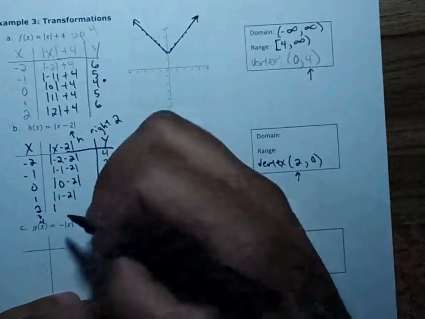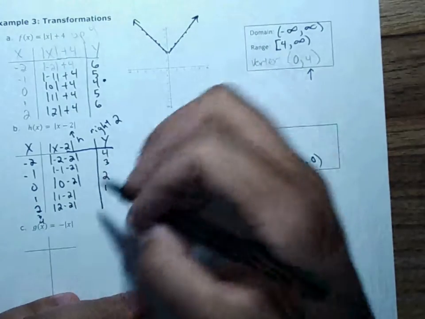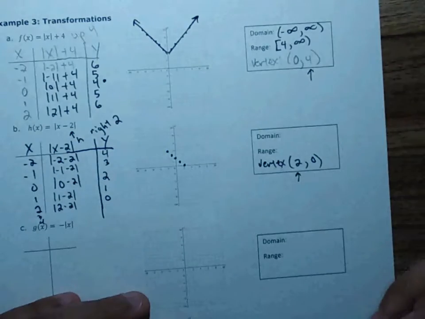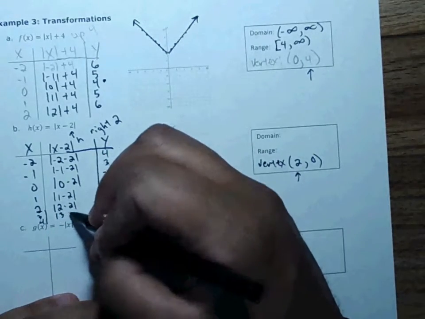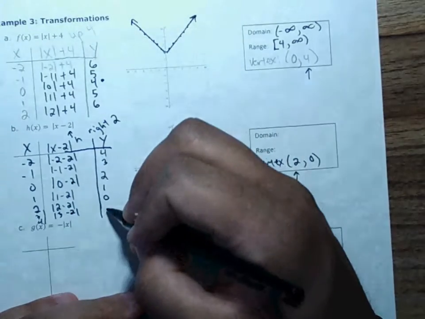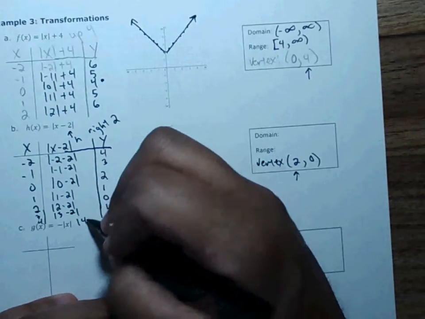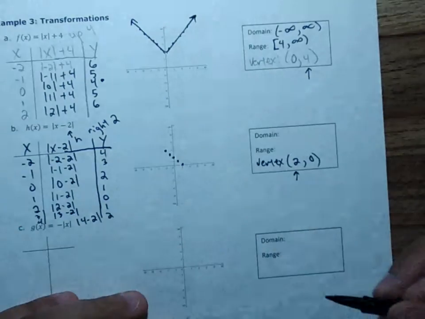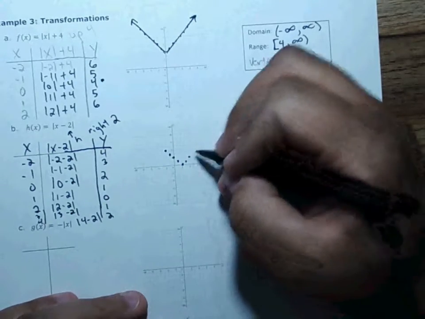And then if I have absolute value of 2 minus 2, 2 minus 2 is 0. So absolute value of 0 is 0. And then I have absolute value of 3 minus 2, which is 1. And the absolute value of 1 is just 1. And then the last one is 4 minus 2, which is the absolute value of 2, which is just 2. So I got a dot right here and a dot right here, and it just keeps going.